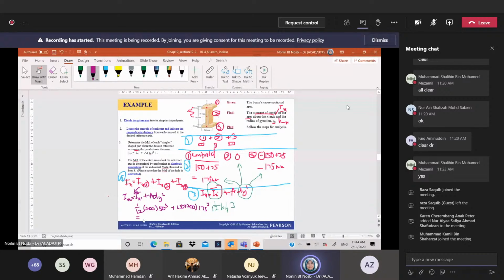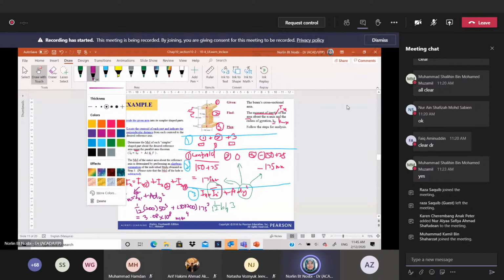You will have 3.08 times 10 to the power of 8, don't forget the unit, millimeter to the power of 4. Here you have only done the first part. There's a 2 and 3. So you need to do it one by one.